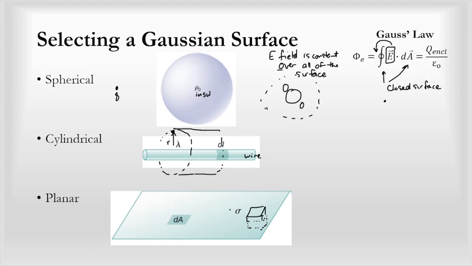They might call this an infinite plane of charge. The electric field points outward from this side, and it points outward from the other side, just straight outward from the plane. So in order to have a closed surface, we're basically creating a box around both sides of the plane.